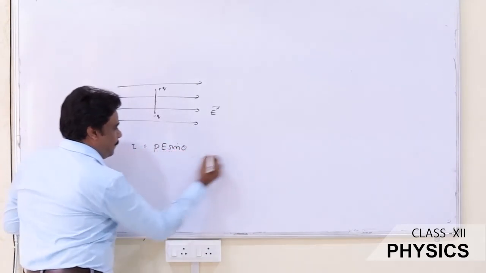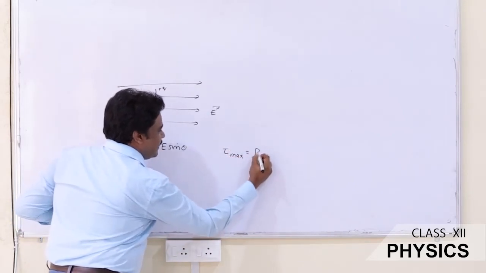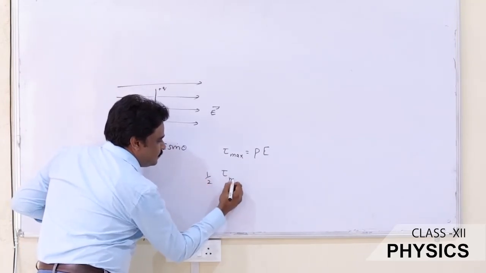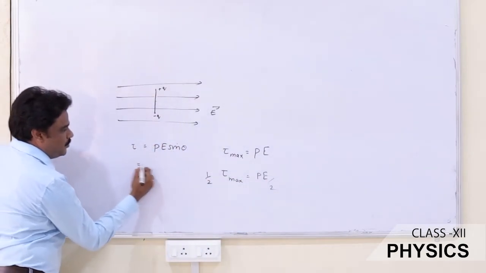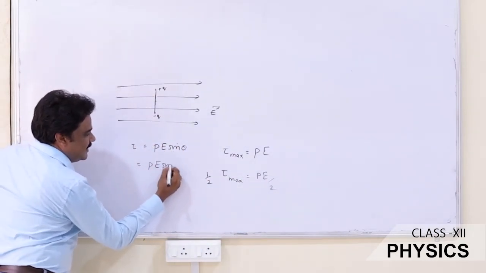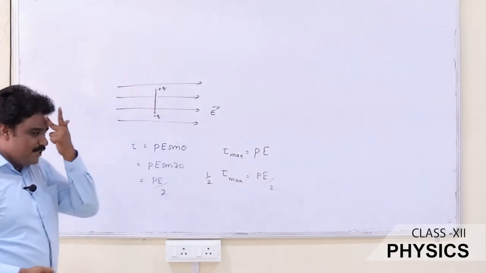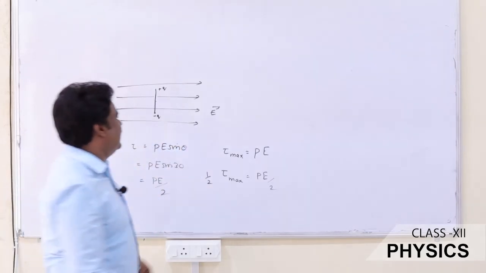Tau max, by putting sin 90, comes to be PE. Half the maximum means I am going to get PE by 2. So when do we get PE by 2? If I put 30 degree, then only I get half the maximum torque. This means the dipole is kept at 30 degree with the electric field.